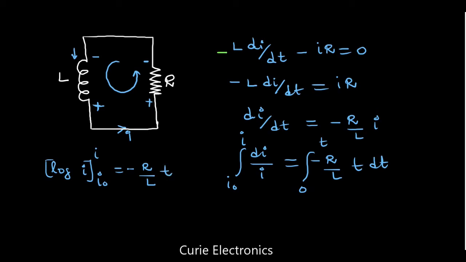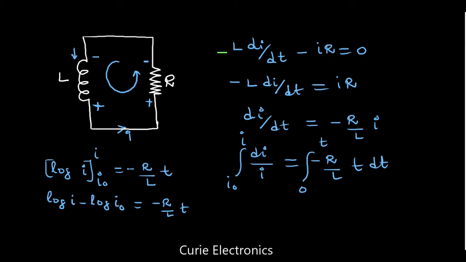Now on the left side, if you use the limit, let's write it as limit only first. So it comes to log of I minus log of I0 equals minus R upon L multiplied by t.